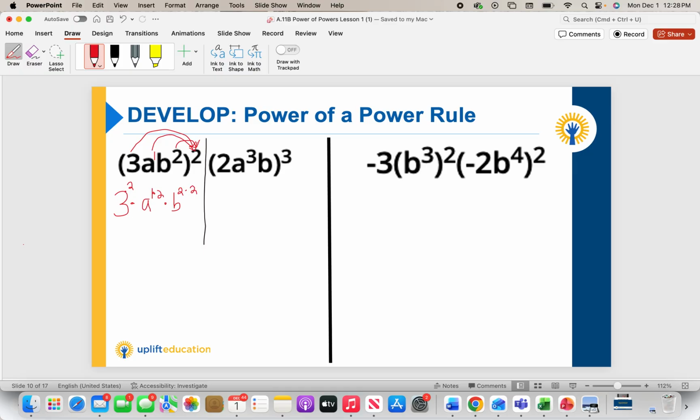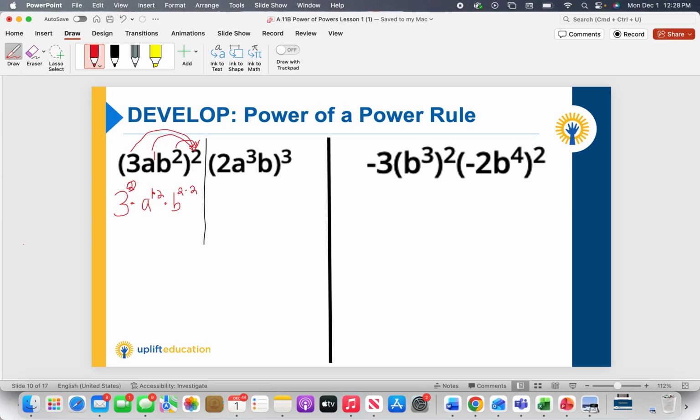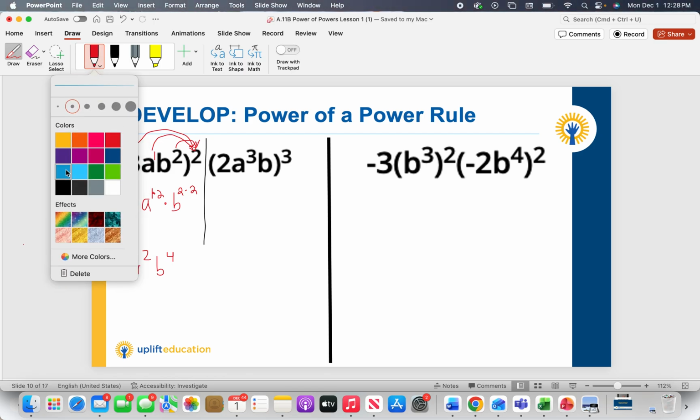So the same way our exponent tells us how many times we're multiplying, just like in that last example. In other words, we're really saying 3 times 3 or 9. If we multiply 1 times 2, that gives us a squared. And if we multiply 2 times 2, that gives us b to the power of 4. All right, we're finished with the left side. Let's go ahead and go to the right side.